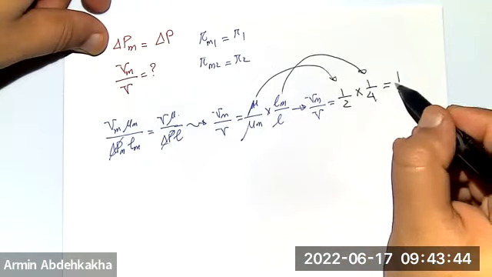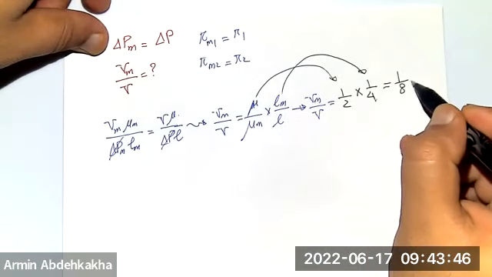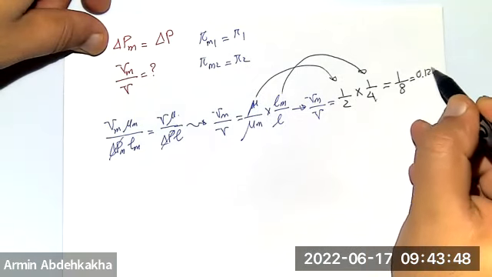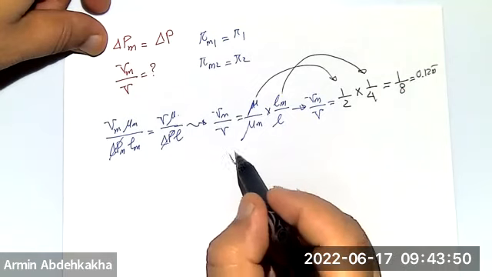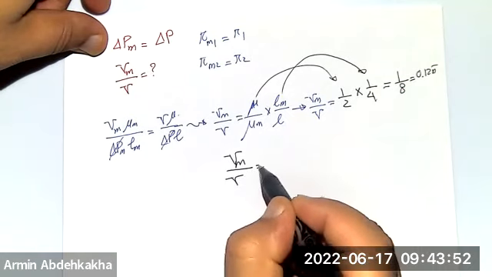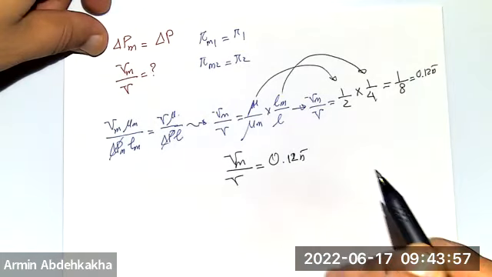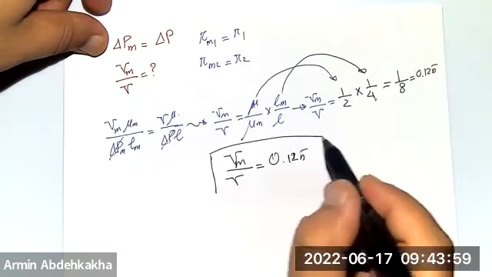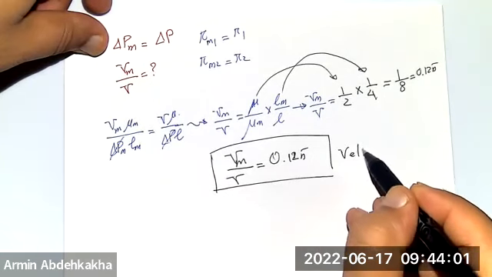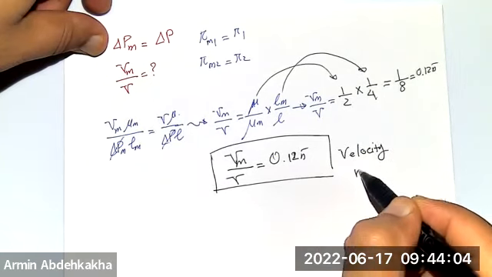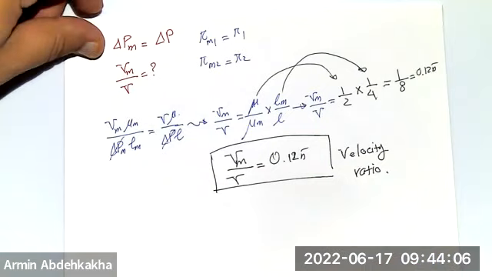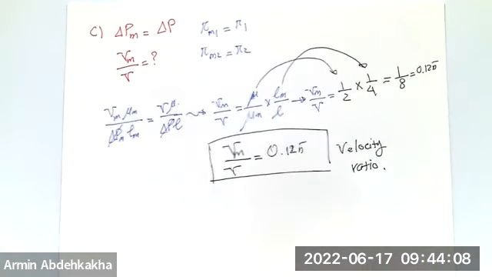Then the answer would be 1 over 8, or 0.125. That's the ratio, your velocity ratio or scale. That's it. Any question?